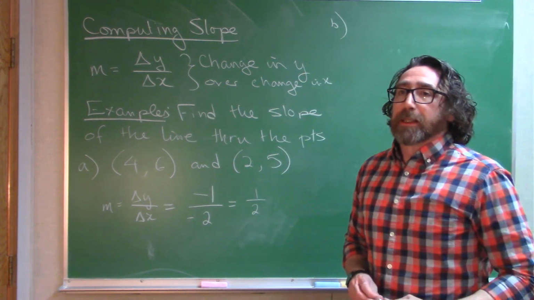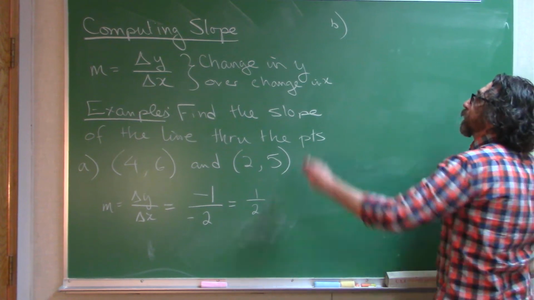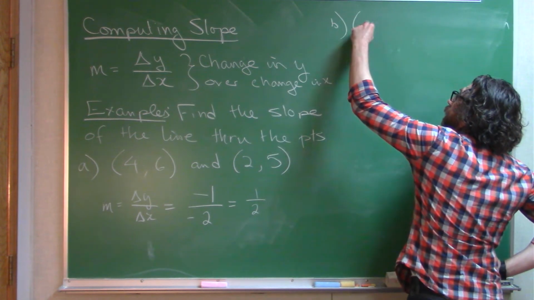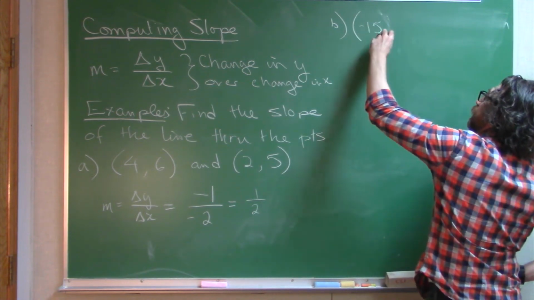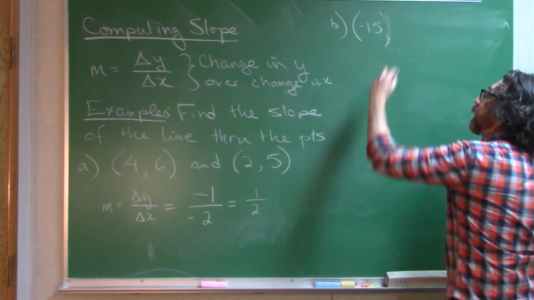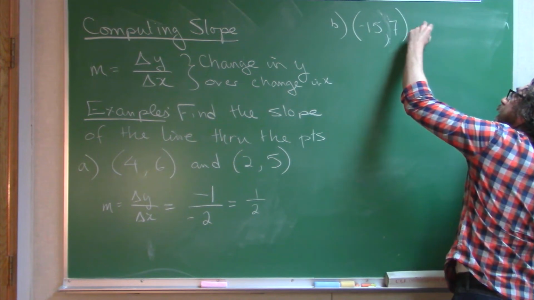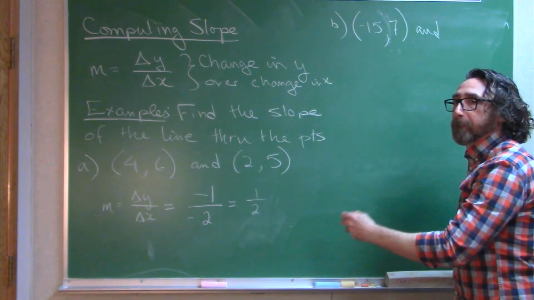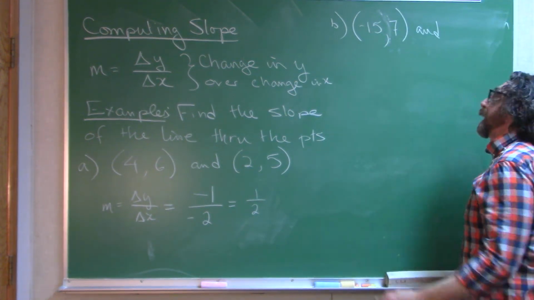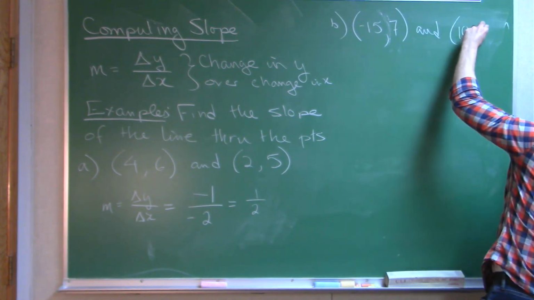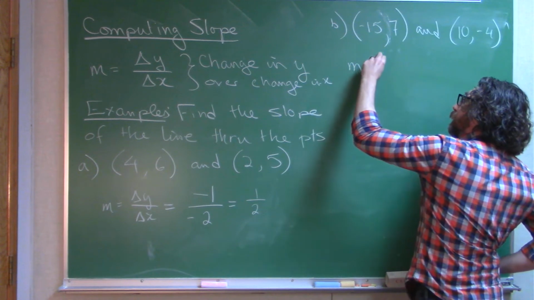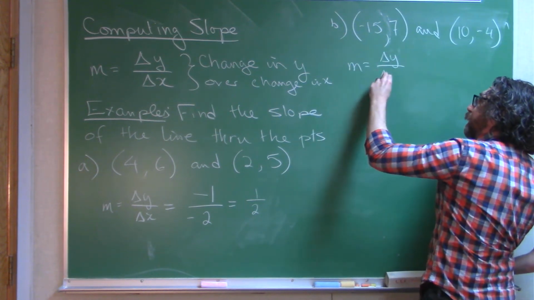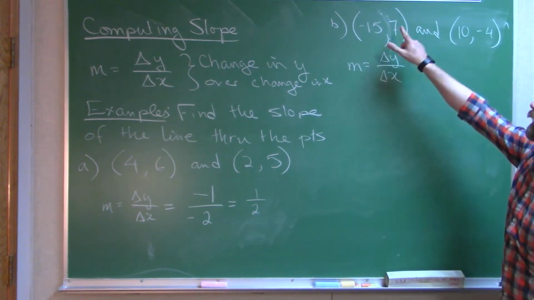Okay, let's look at a few other examples. Let's look at the slope of the line segment joining -15, 7 and 10, -4. So once again, I'm going to do the same process, delta y over delta x.